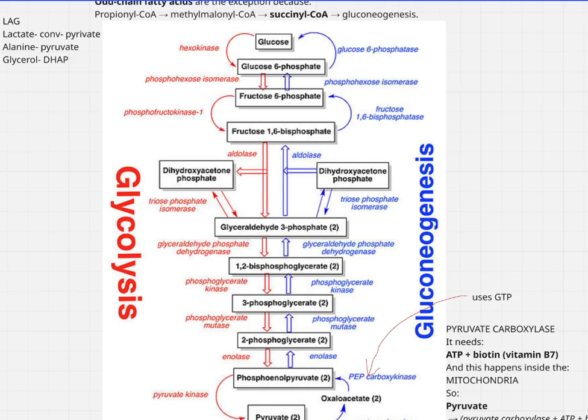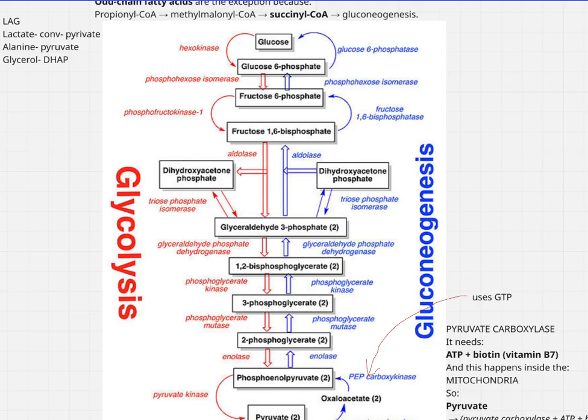So here's the logic. Suppose the cell has lots of AMP, right? What does AMP mean? AMP means low energy. Would this be a good time for the liver to spend huge amounts of ATP making glucose? No. So AMP inhibits fructose 1,6 bisphosphatase, right? So in low energy states, when you have a lot of AMP, there's not enough energy, the body will not waste the ATP in creating more glucose.